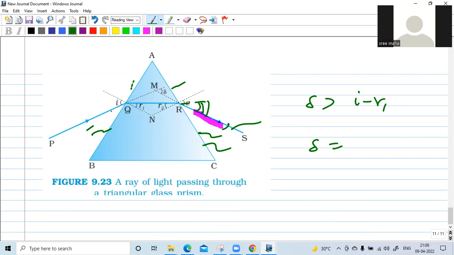This incident light would have gone straight like this if the interface was not there, but because of the interface, it has gone like this.